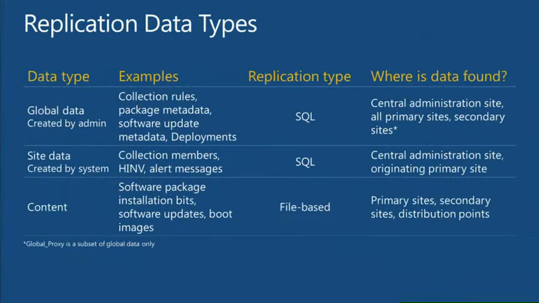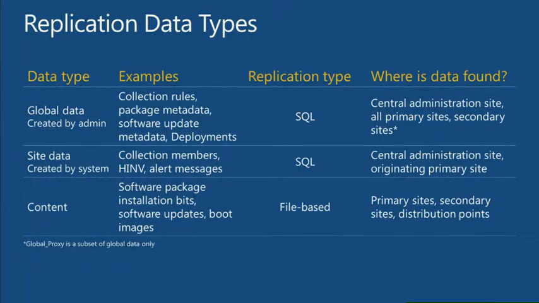So we have 3 different types of data that we replicate throughout our environment. The top 2 are based on the SQL Server-based replication through DRS. The bottom one is what you guys know today. With that file-based replication, the same thing you have today with the component, with the replication manager, and the scheduler, and the sender, and the despooler, and replication manager on the other end. Same type of stuff, but it's really there for content.